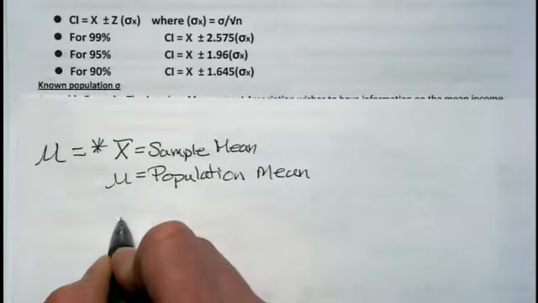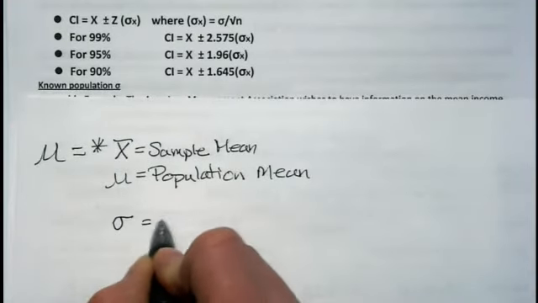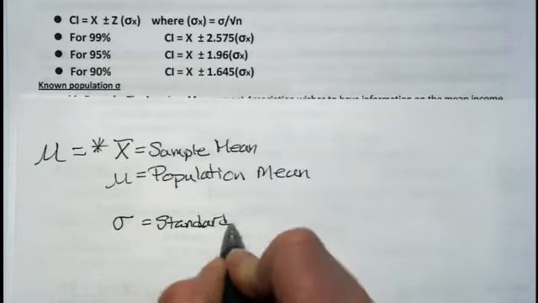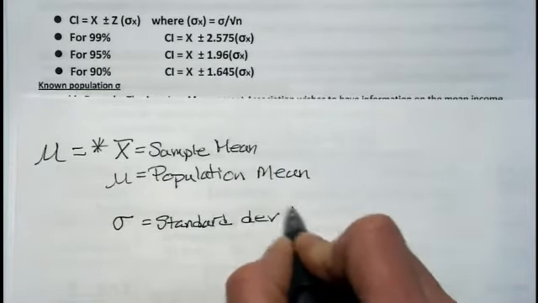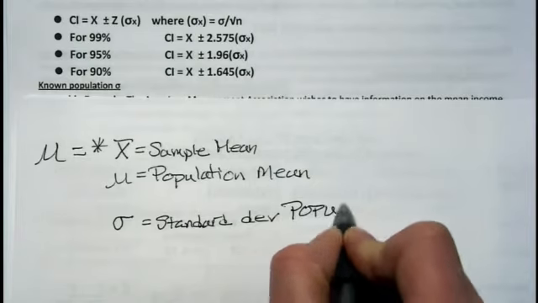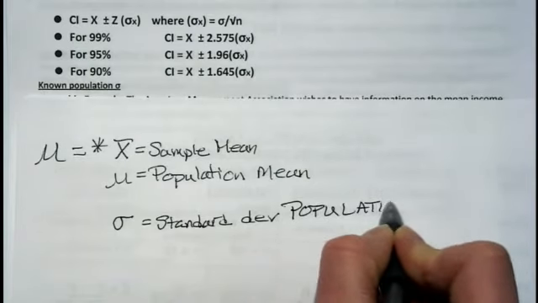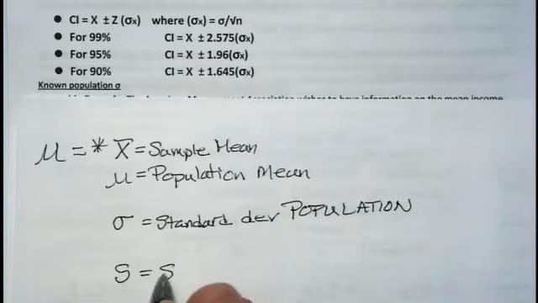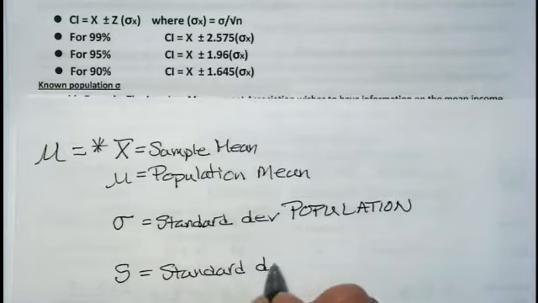The other really more critical vocabulary is the first one is sigma, standard deviation of the population. S is standard deviation of a sample.